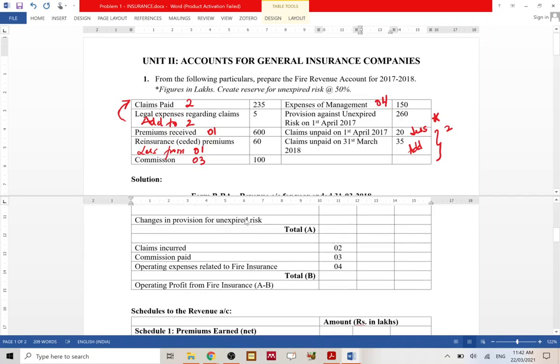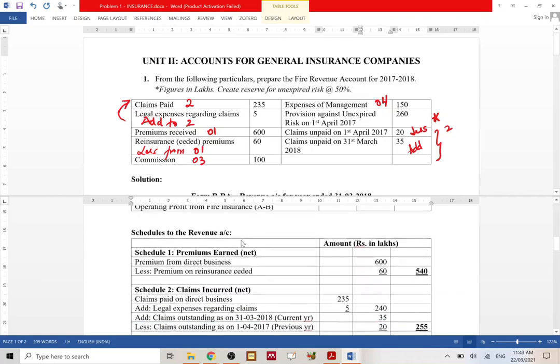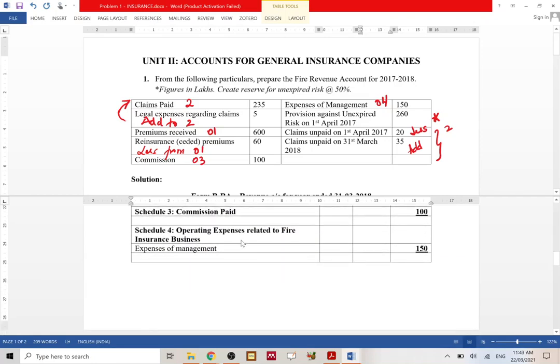So we are going to see what change has taken place from the provision of last year to the provision of the current year. For that we need to prepare a small working note towards the end. We've already done our schedules, and we will now also write a working note in order to calculate it.